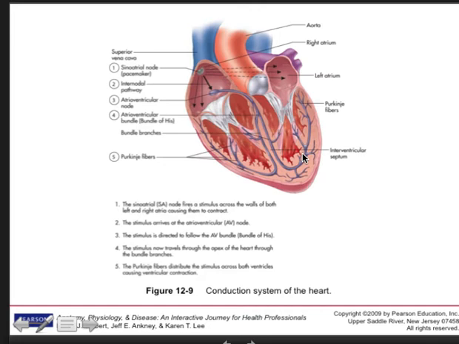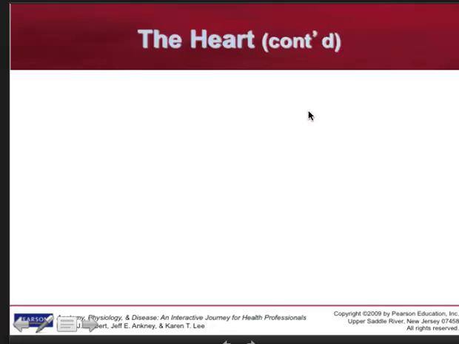In this case, the person that starts the wave is the SA node, and then the depolarization propagates across the walls of the atria and then down the interventricular septum to the apex and up the walls of the ventricle, and then the squeezing follows after each of these particular cycles.